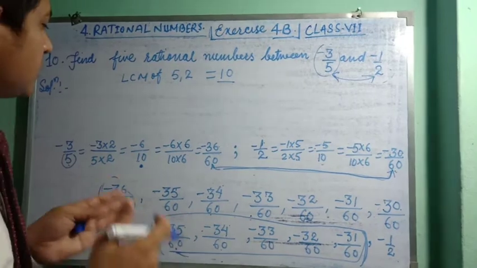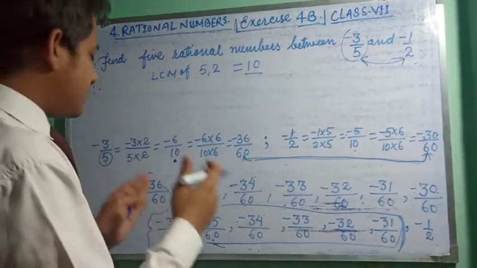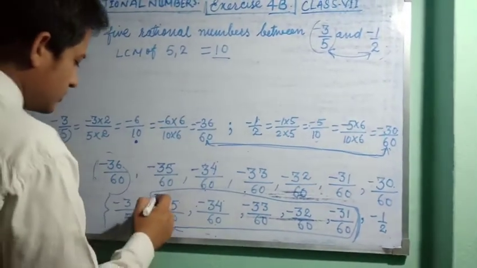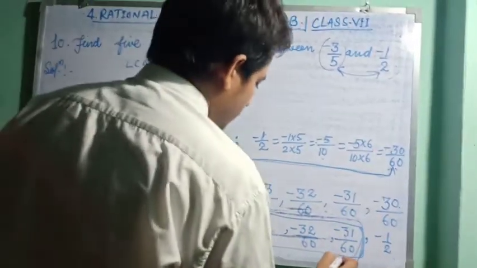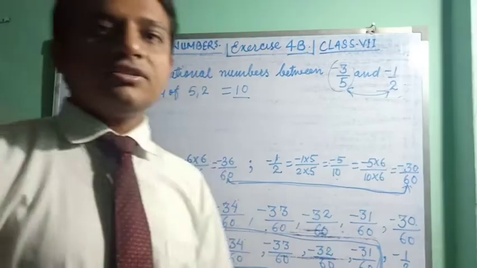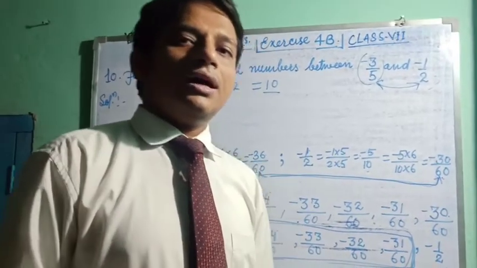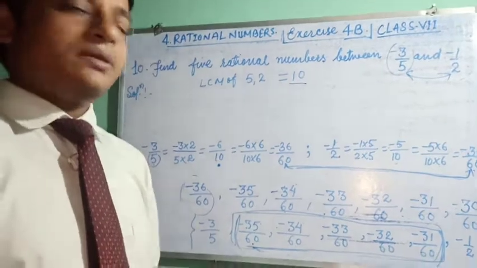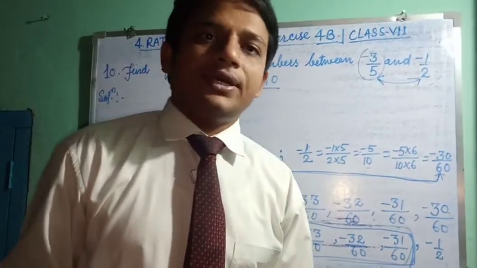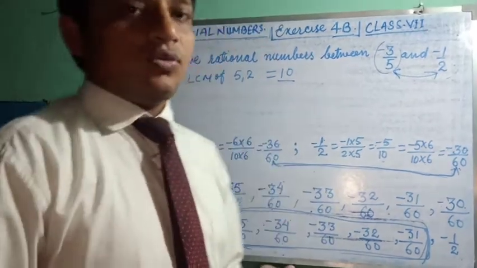But if you multiply by 7, it is very easy to find the 5 rational numbers between them. So this is your answer. If you are not getting the points, rewatch the video twice, and if you have any problem, please ask me. I hope you will understand.